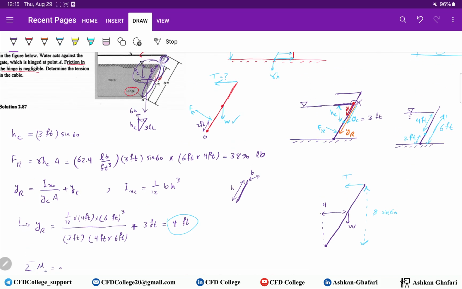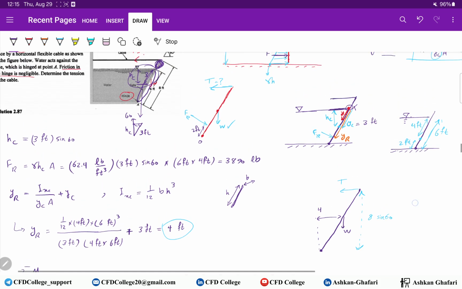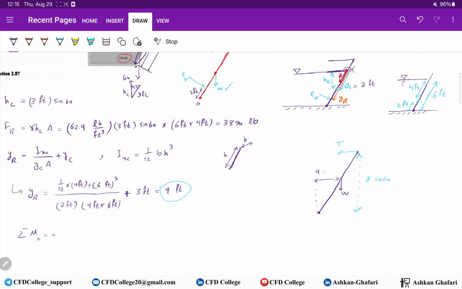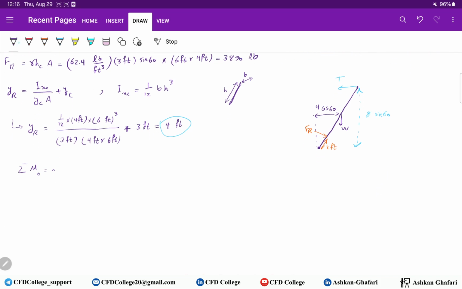This part also has weight, so we should consider the total length of the gate. 4 times cosine of 60. Here we are calculating a vertical distance, but here it's horizontal distance. That's why we have cosine here. And we also have FR, and this distance is 2 feet. So the moments of W and FR are clockwise.